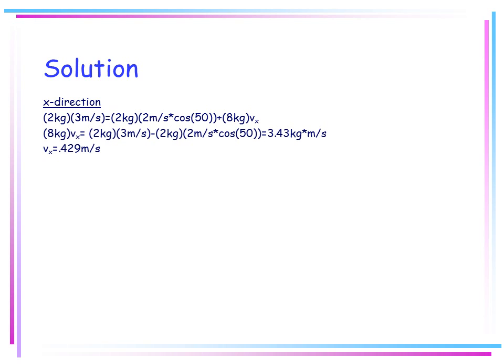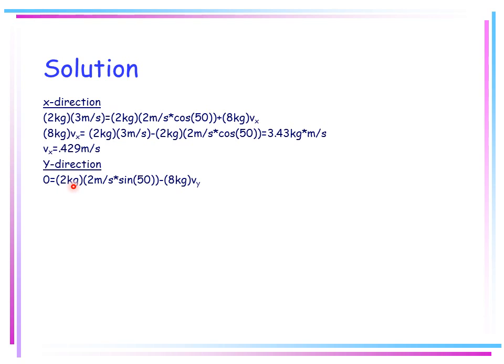Now that's not the velocity of the 8 kilogram ball. It's the velocity of it in the x direction. Now let's go to the y direction. Remember that the 2 kilogram ball was moving horizontally, so there's no momentum in the y direction. So before, the left side of our momentum conservation, it's 0.